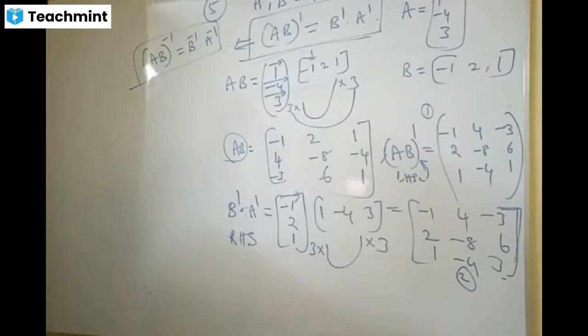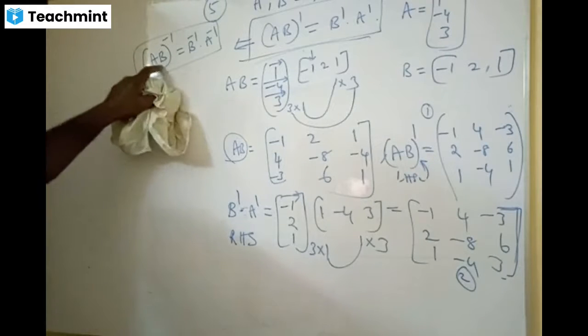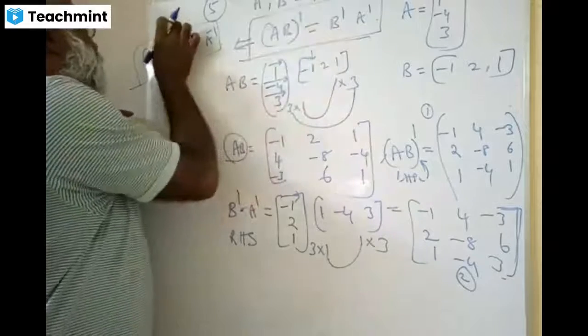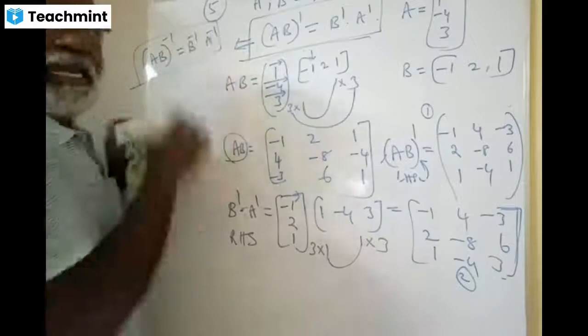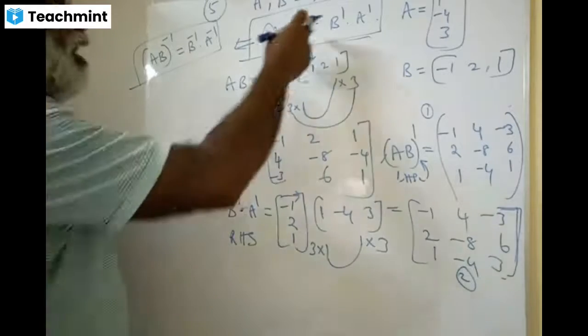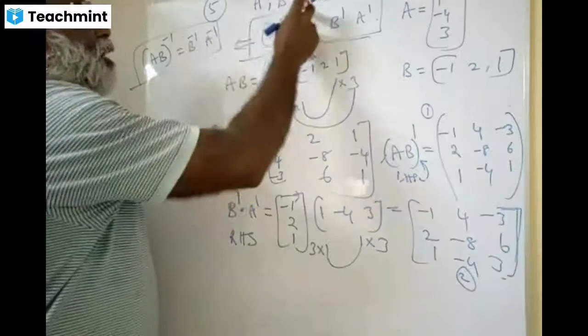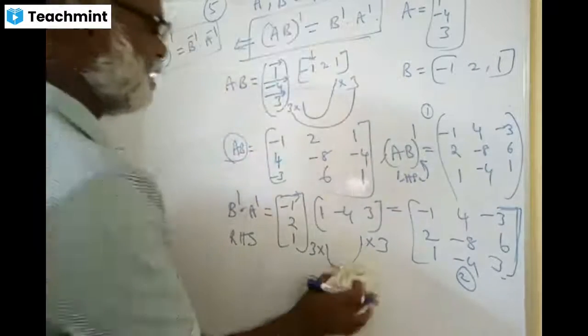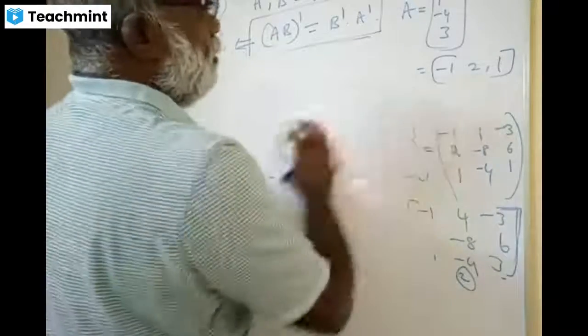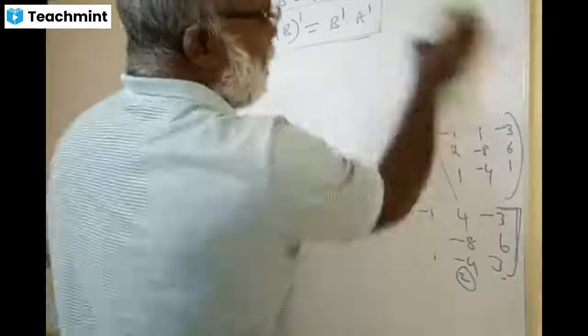So AB whole transpose is B transpose A transpose, like AB whole inverse is B inverse and A inverse. If you want to remember for longer, you have another friend here, inverse, for transpose. Transpose and inverse are friends with respect to product.